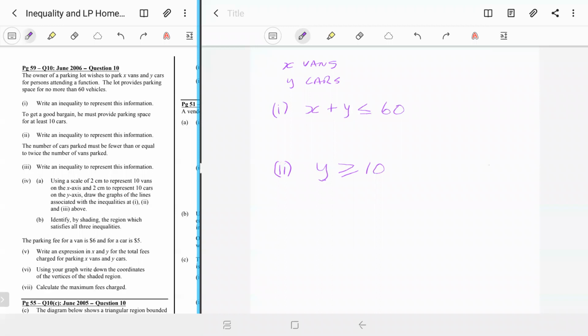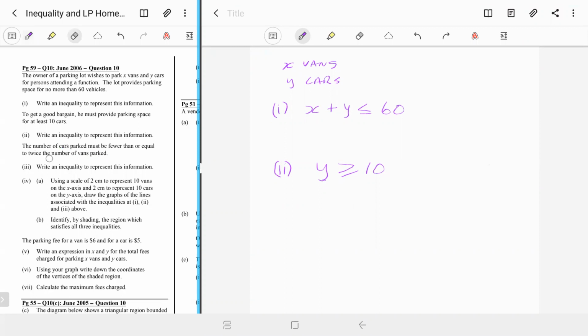All right, next one. The third one says the number of cars parked. Remember, the number of cars is y. The number of cars parked must be fewer than or equal to twice the number of vans parked. What does that mean?